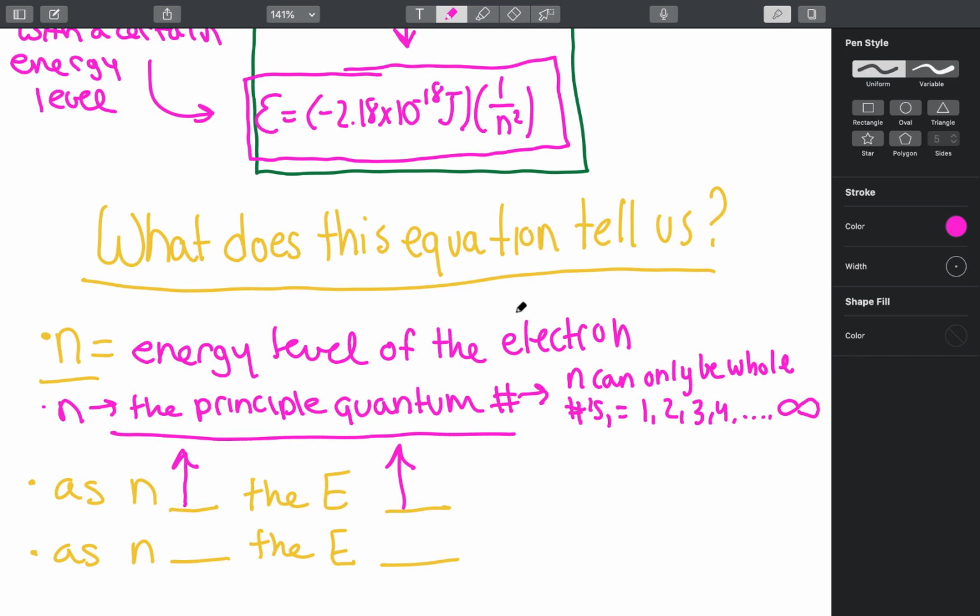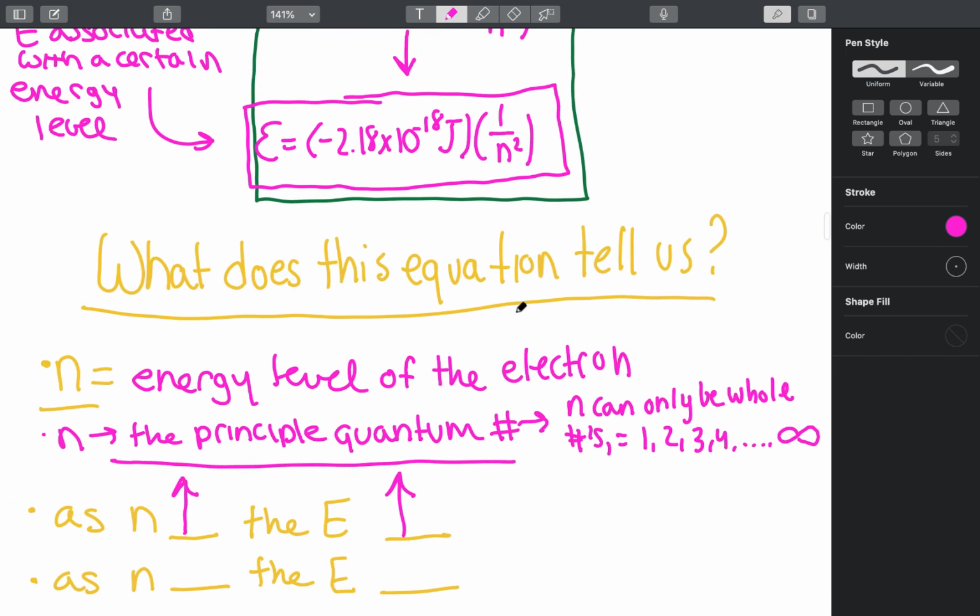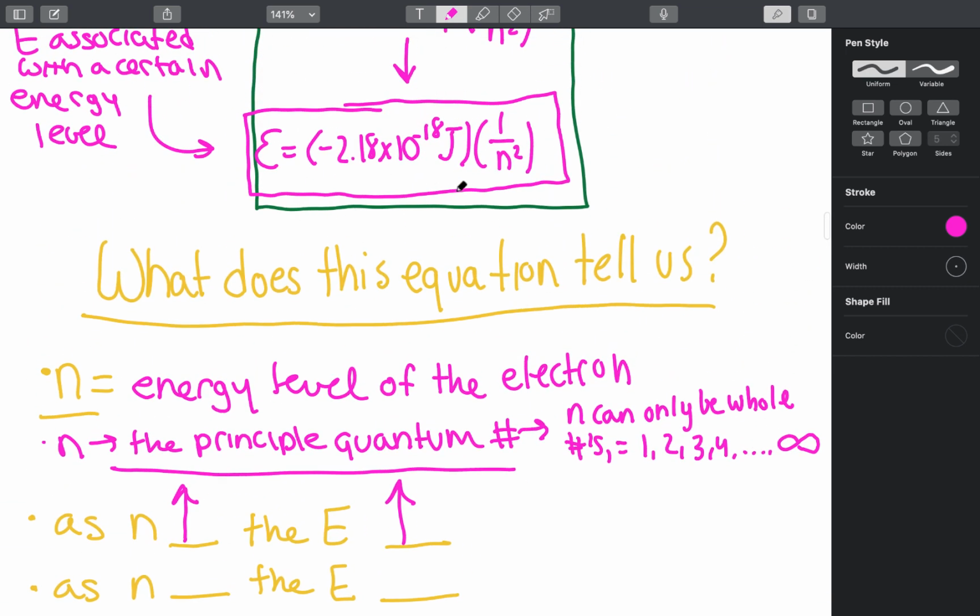And it's actually because of the fraction here, 1 over n squared. When you increase the value of n in the denominator, you make the value of energy less negative, because remember, the Rydberg constant here, the constant in front of the equation, is a negative value.